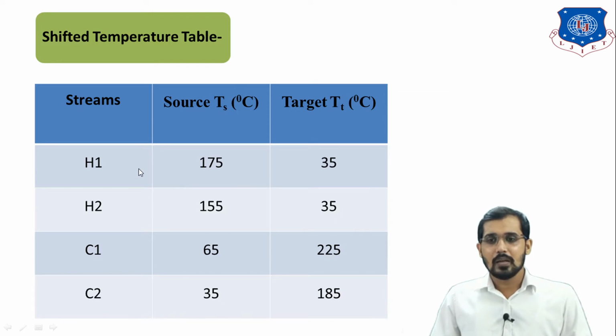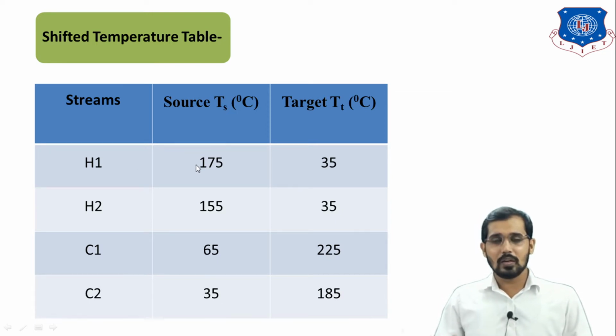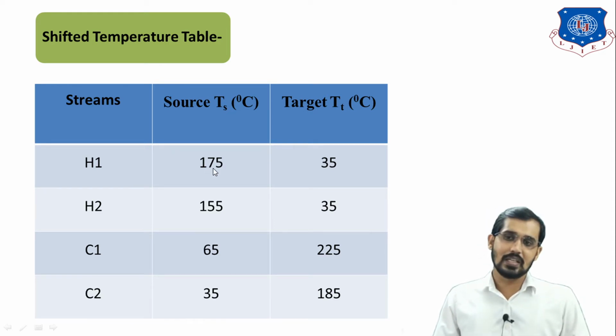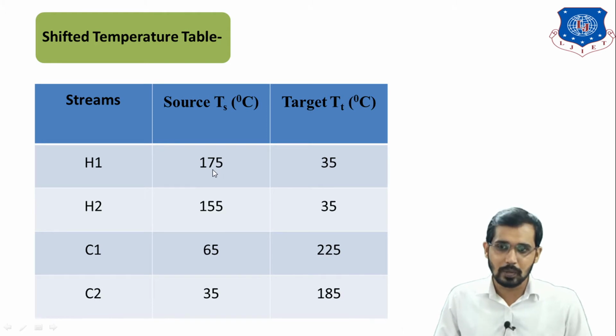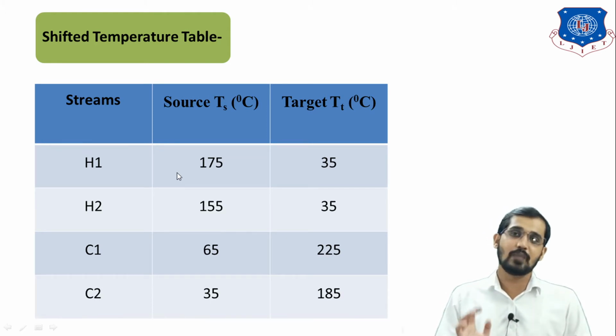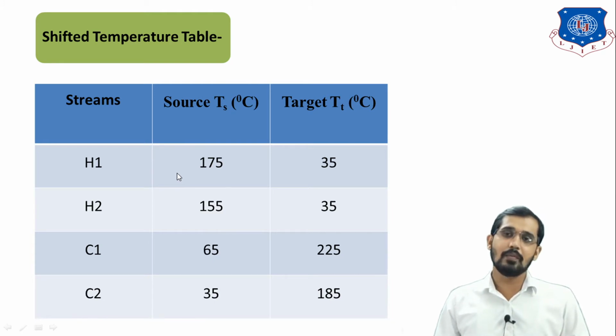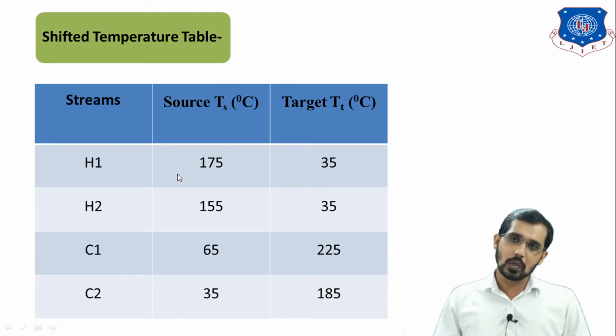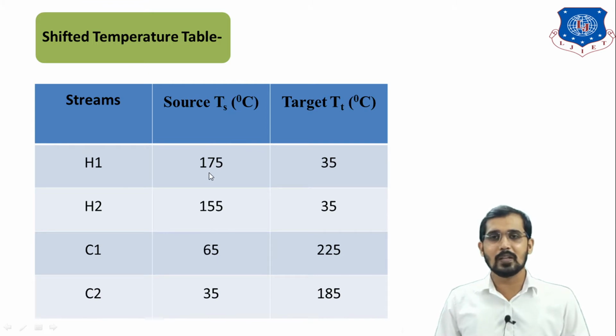In the initial table given in your question, it is 180 degrees Celsius, but we have removed 5 because, according to the adjusted temperature rules, we are removing 5 from the hot stream and adding 5 in the cold stream. So 180 is replaced by 175.